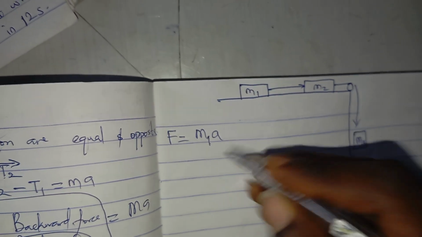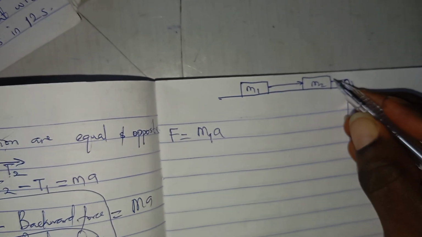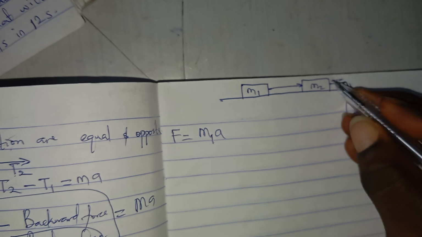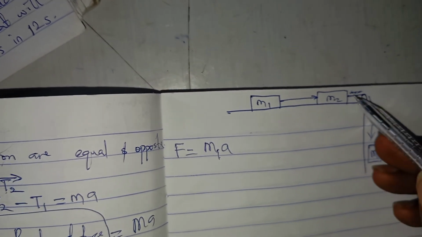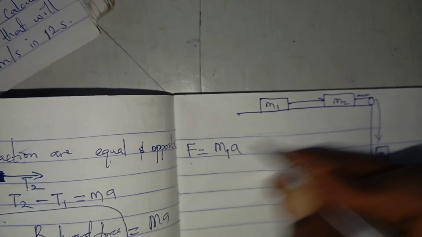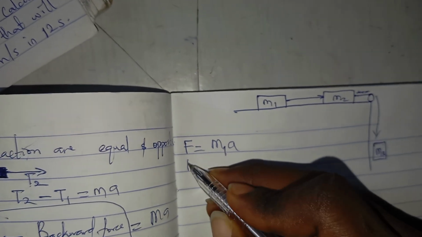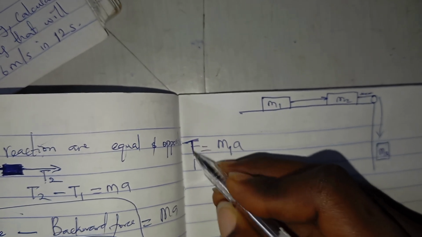So M1A. The second one will simply have the forward force, this force acting here dragging it forward, and then the one acting backward. So for the second box, the F here, I'm going to use T1. Force acting on a rope is tension, T1.